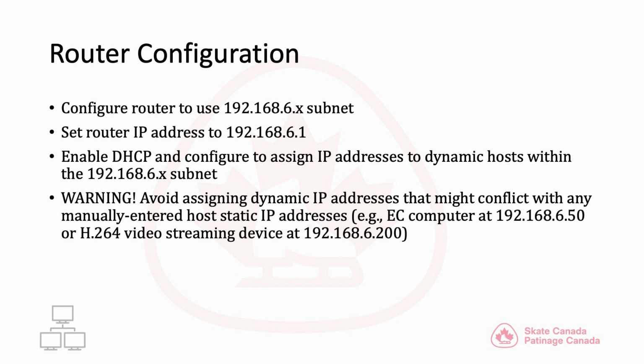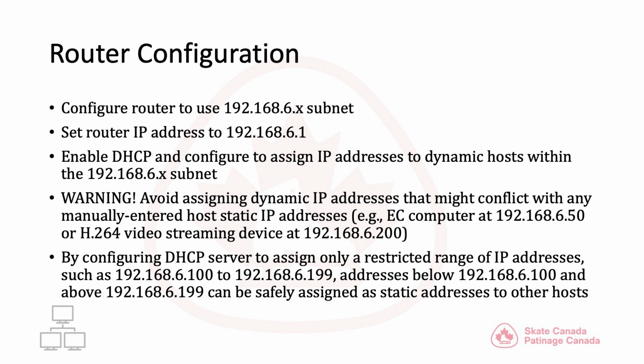We might also have an IPTV video encoder on our network that has the IP address 192.168.6.200, and similarly, we would not want our DHCP server to be assigning that address to any other computers.